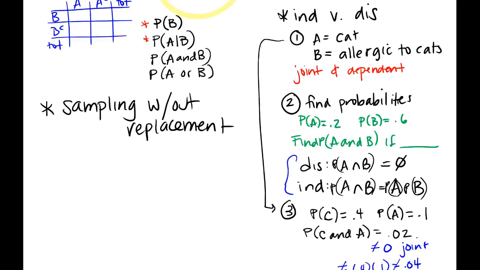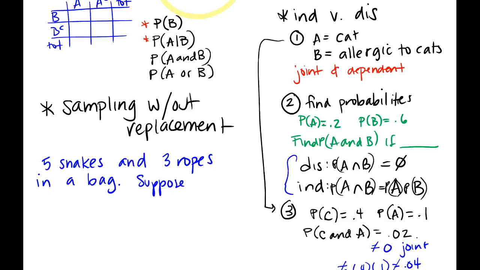So for sampling without replacement, you'll know this is coming because I'll give you some silly list of things inside of something. So there are 5 snakes. I don't know why I chose snakes. And 3 ropes in a bag. Danger noodles and ropes.